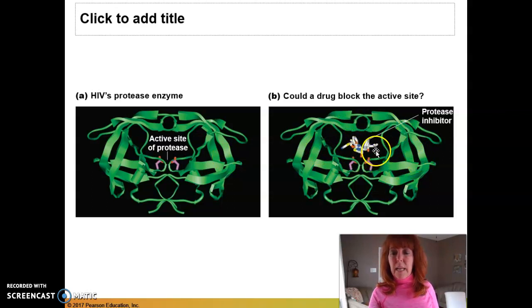If you have an inhibitor to that protein, in this case, the inhibitor gets right into the active site. It's a competitive inhibitor, and it will no longer allow the viral protein connected strand to get to where it needs to get, and therefore no viable virus is made because the protein cannot be cut.